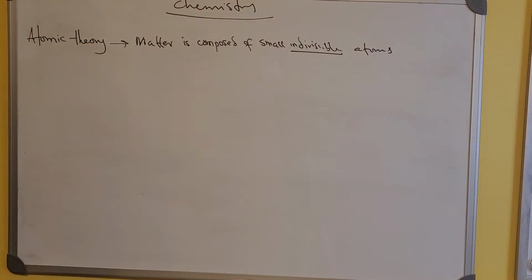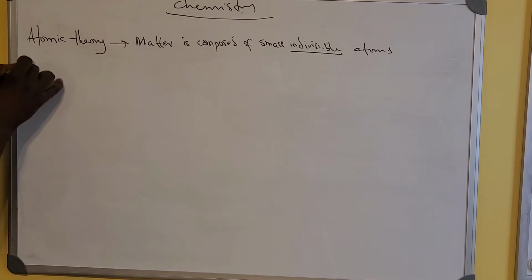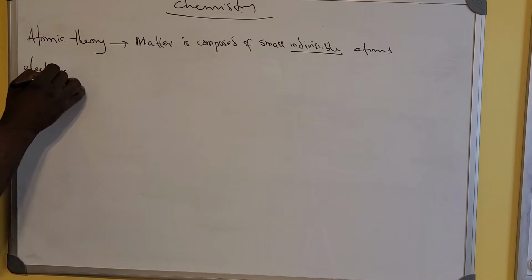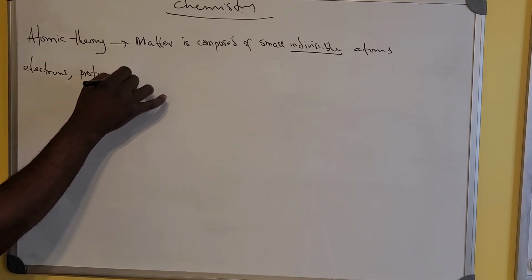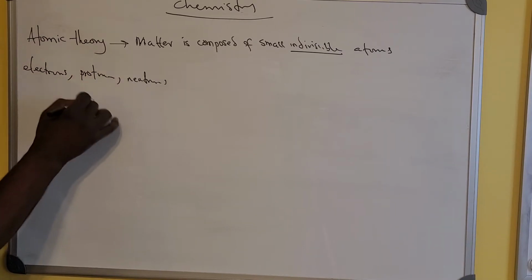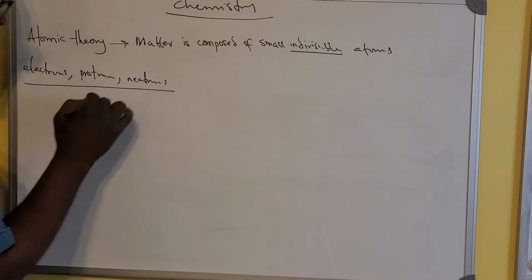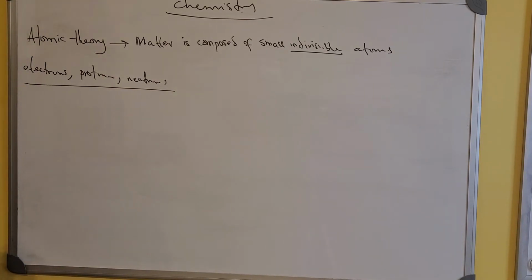So that was a theory, but that theory is no longer a theory, because we now know that atoms can be divided into even smaller particles, because now you have electrons, you now have protons, then you have neutrons, and then even here you can actually go further down to other particles.